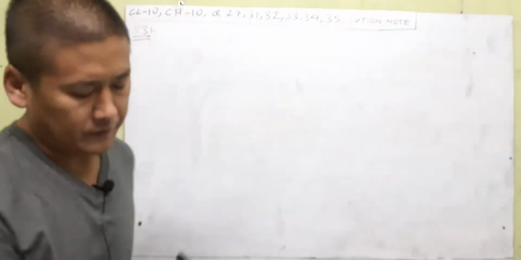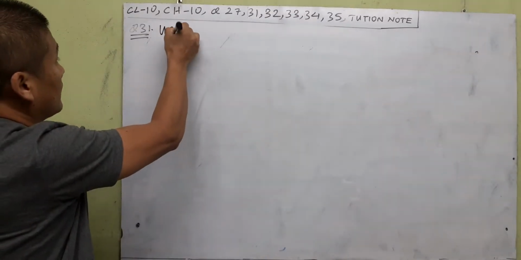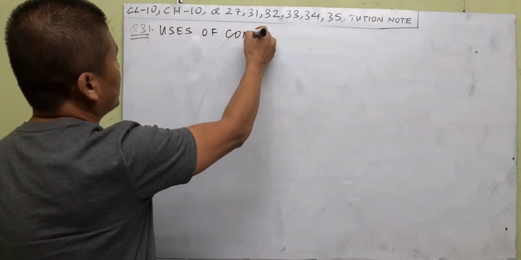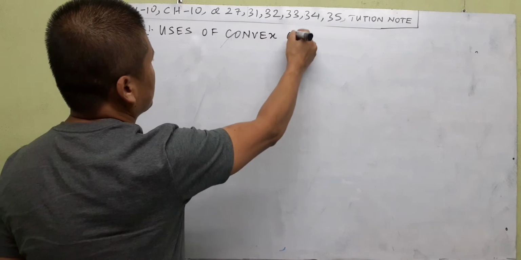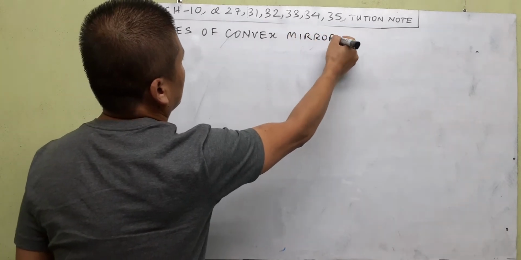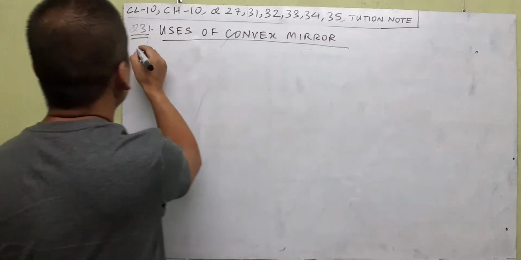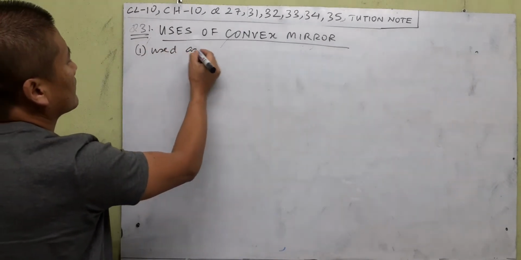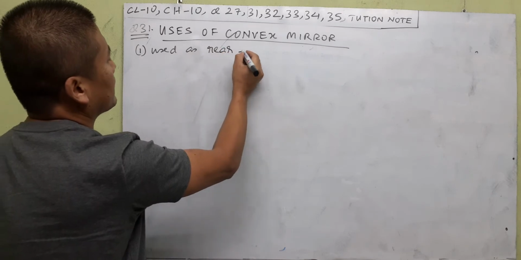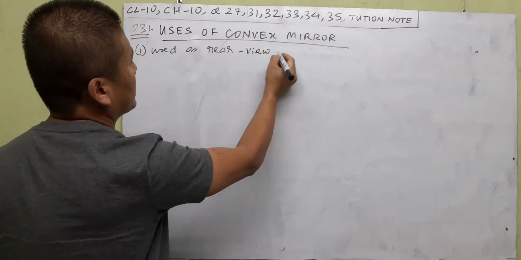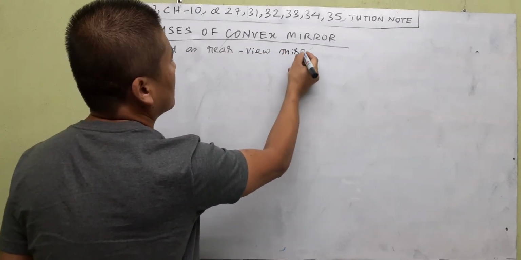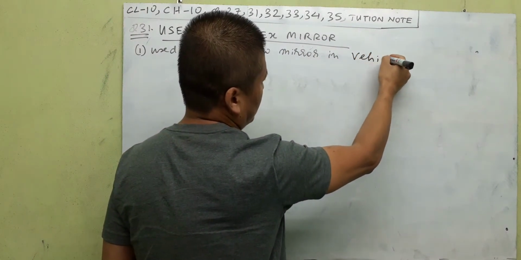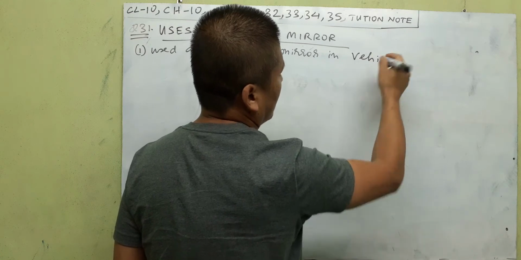Write the uses of convex mirror. Just now we did concave, so let us do the reverse, convex mirror. Common uses: A, used as a rear view mirror in vehicles, or some textbooks will call it automobiles. Rear means backside.